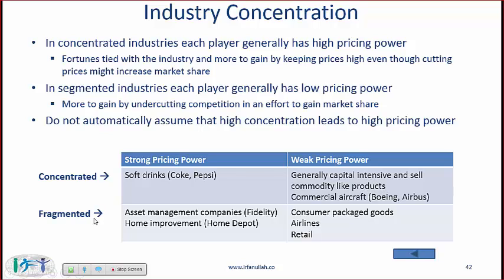In fragmented industries, you would expect weak pricing power, which does happen with airlines. It happens in retail, it happens in consumer packaged goods, but there are scenarios where there might be strong pricing power. So take the asset management industry. Here, an asset management company might have a very strong bond with the customer.